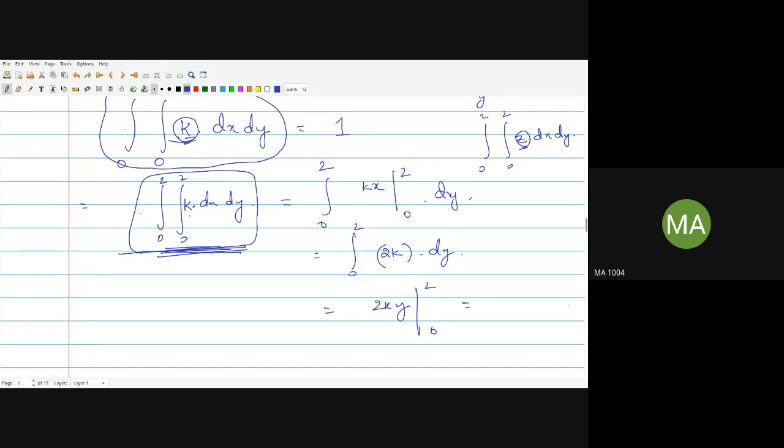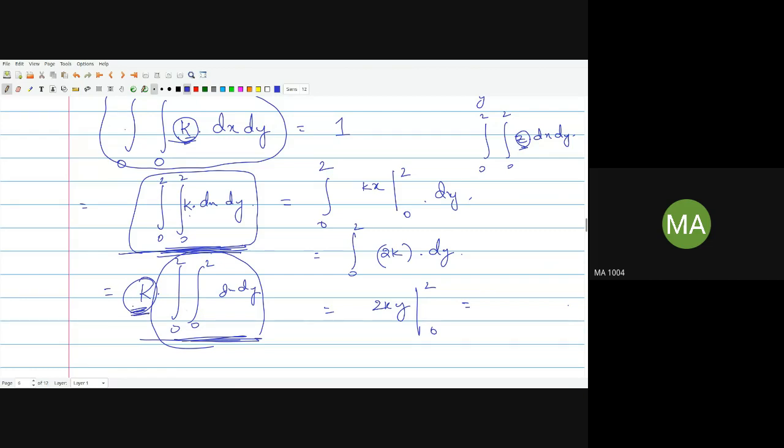I can write k times the double integral 0 to 2 dx dy. We cannot ignore this k. Because it is constant and independent of x and y, we can take it out. The product of k and this double integral is the volume.